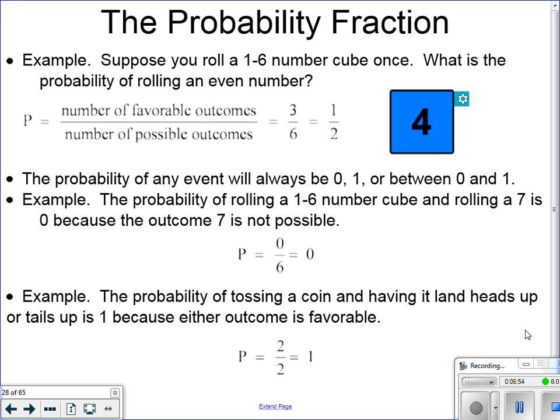That's why the 0 is on top. And then, again, there's 6 possible outcomes, 1 through 6. But remember, 0 divided by anything is 0. So if the probability of an event is 0, we say it is impossible. Okay, so anytime it comes out to be 0, that's impossible.